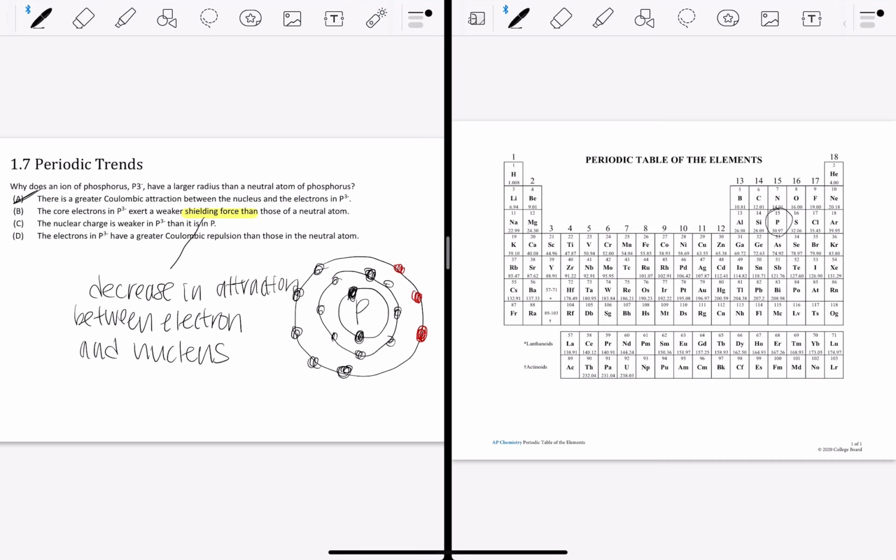And having a weaker shielding force means that it's not a decrease in attraction between the electron and nucleus. It's going to be an increase in attraction between electron and nucleus.